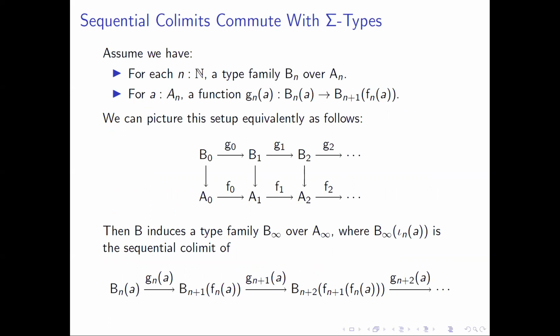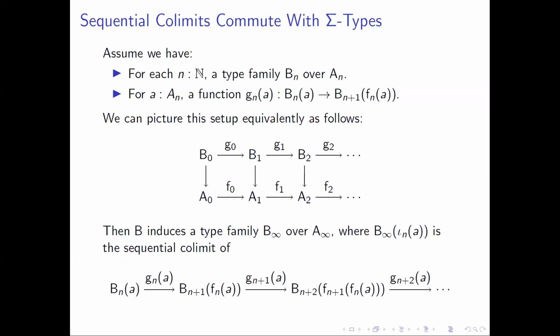Borrowing the notation from categorical logic of fibrations, we can write this as in the diagram in the middle of the page, where we put Bn above An and think of it as a family fibered over An. And then for each a in An, we have a way of going from the fiber of Bn over a to the fiber of Bn+1 over Fn a. And we can again draw this as a Gn lying over Fn.